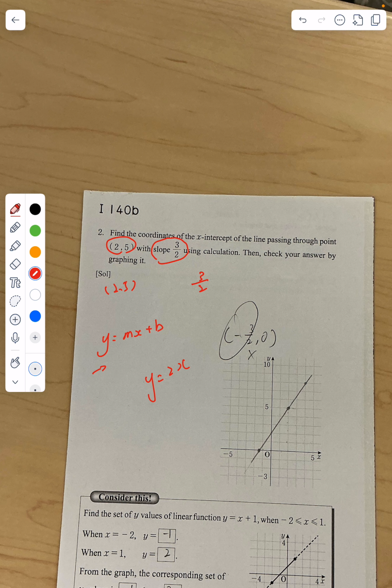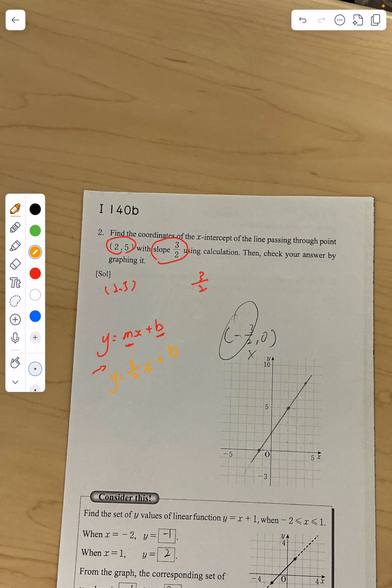If I were told that the slope is 3 over 2, do you know which letter stands for the slope? The m. So can I rewrite my equation as y equals 3 over 2 x plus b, because I still don't know the b. Now my goal is to find b. How do I find b?